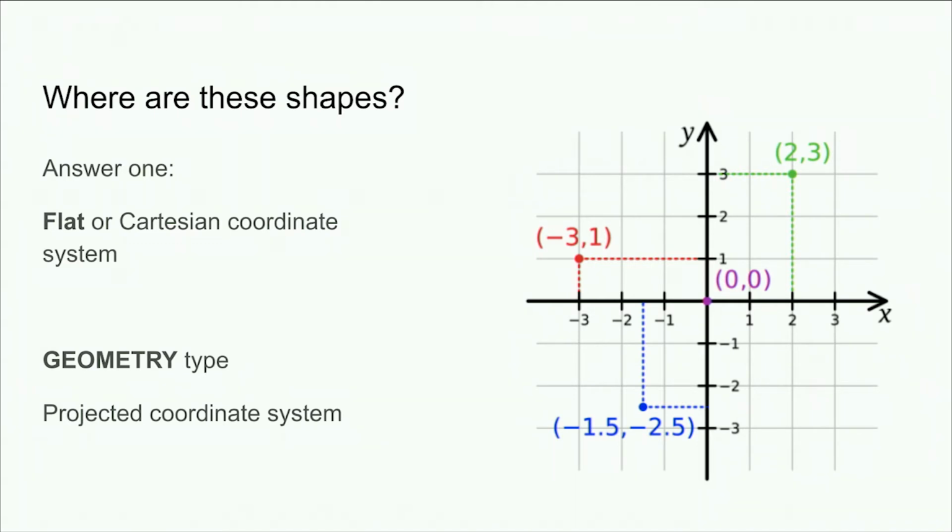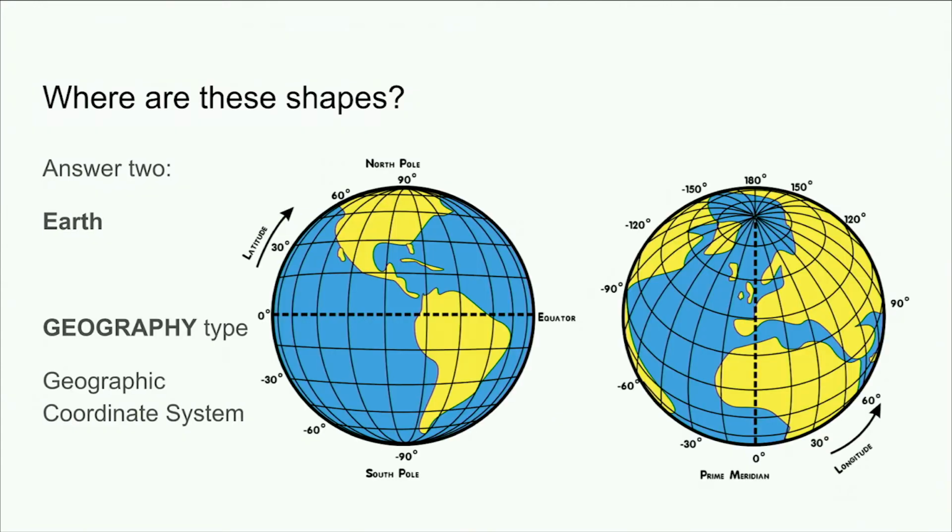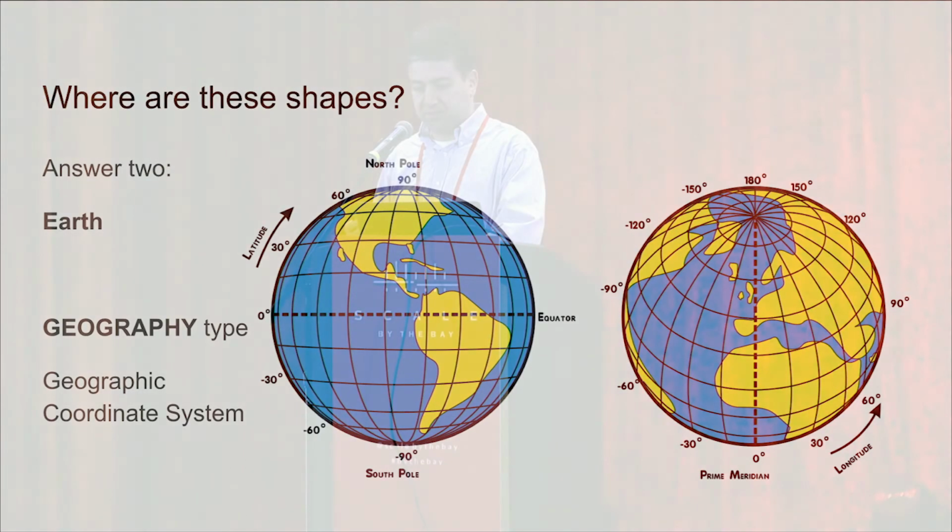And the key here is you are working on a flat map in 2D. Another answer is you are working on spherical Earth. Earth is not flat. So whenever you are working on 2D, you might be doing some approximations and some assumptions that might be not always correct. And when you're working on the sphere, that's called geography type in most of the systems. And MySQL is slightly different. It has a single type, but that one works with geographic coordinate systems.